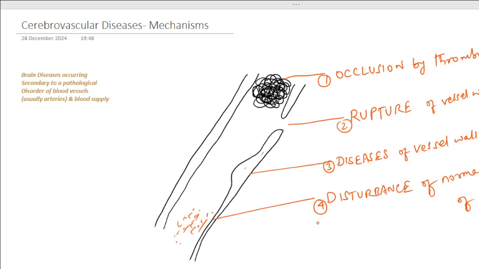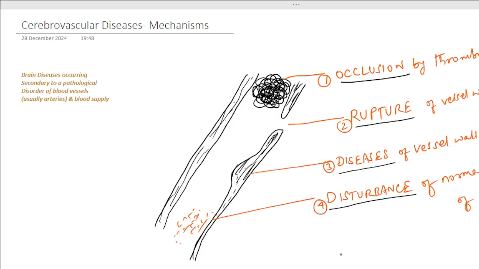What I wanted to say is that this is a schematic diagram of a blood vessel, and this is the blood vessel wall. You all know about the layers; we are going to discuss in much detail later. What all things could happen? Either occlusion by thrombus or embolus, or rupture, or disease of the vessel wall, or disturbance of normal properties of blood.